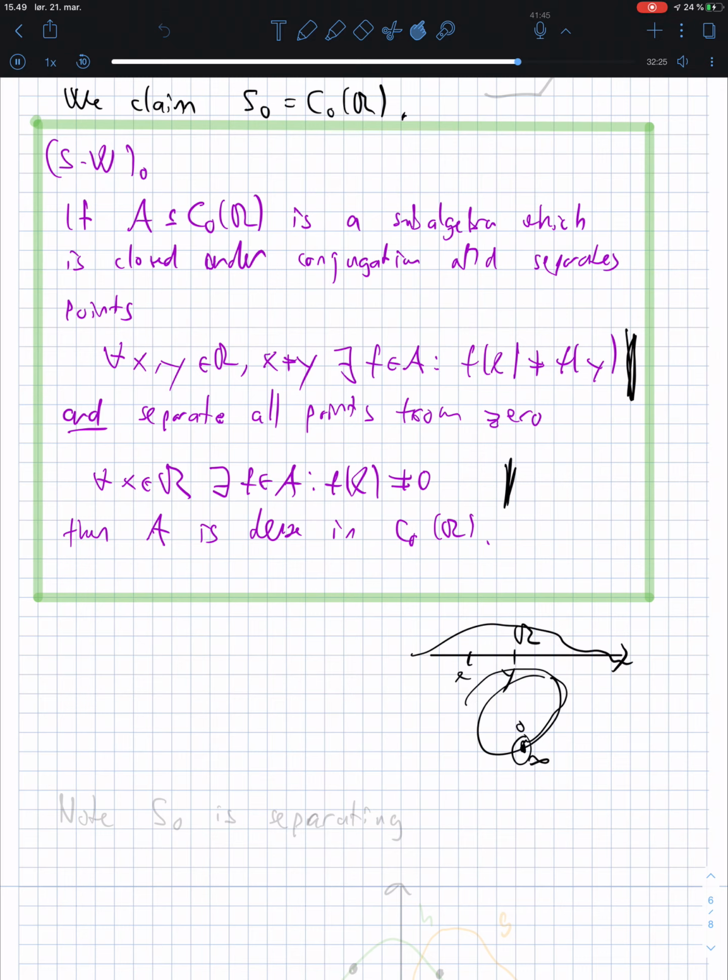Because all the functions in A in particular are 0 at infinity, so I need to separate that as well. And that's the point of the second assumption that I'm putting on A.